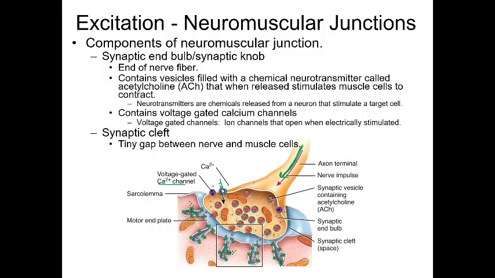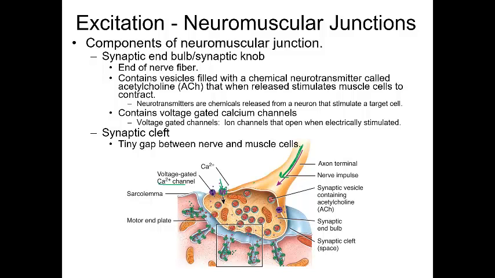Look at these purple beads right here. Those are calcium ions. So calcium channels open up, and because of that, calcium enters into the synaptic end bulb. So that's step number 1. Action potential reaches the synaptic end bulb, calcium enters the synaptic end bulb because calcium ion gates have opened.